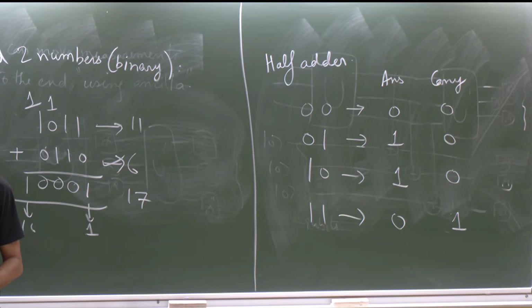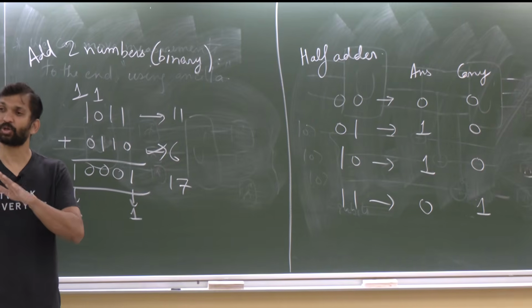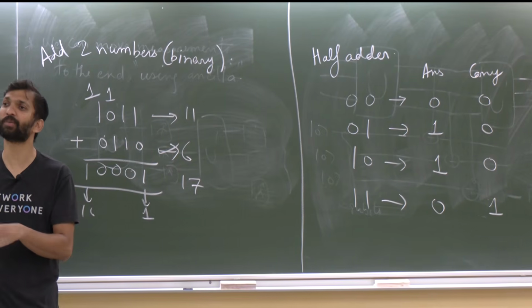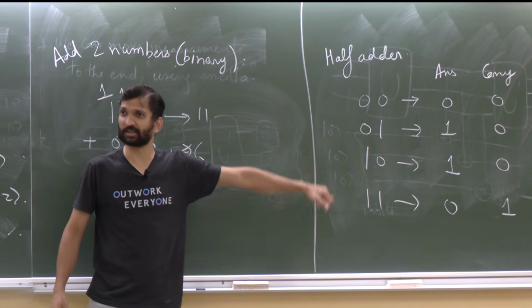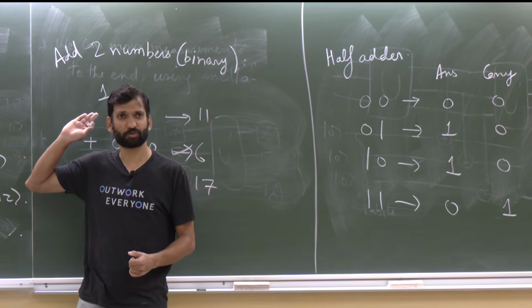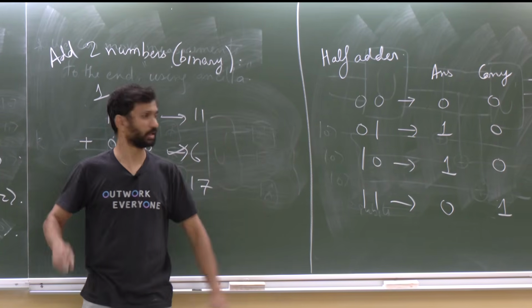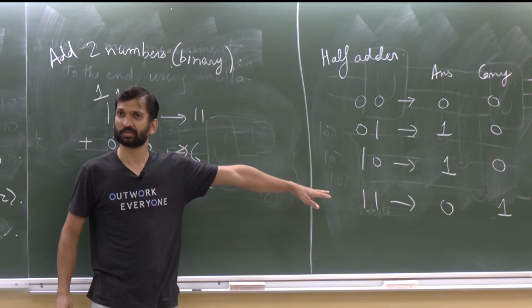Sounds good? Okay. It's not a very difficult but a non-trivial problem to use this half adder and create the full addition. That we will do later. Let's see if it can at least do this.